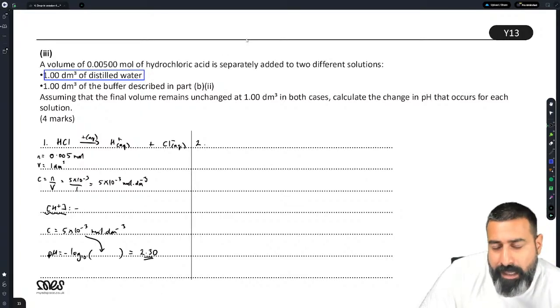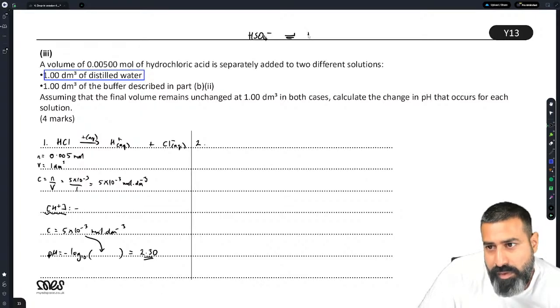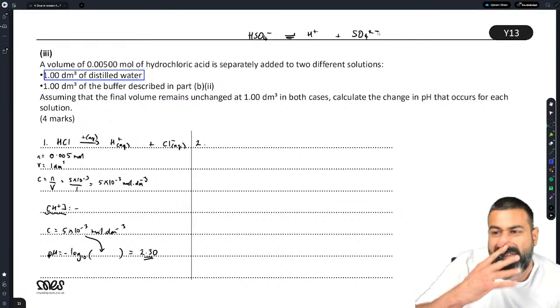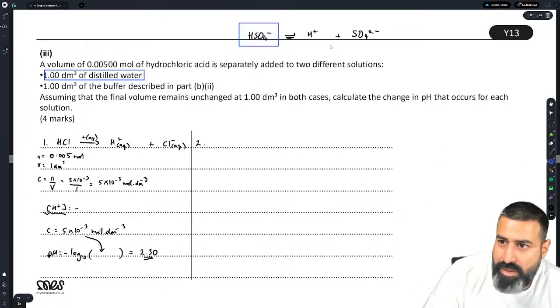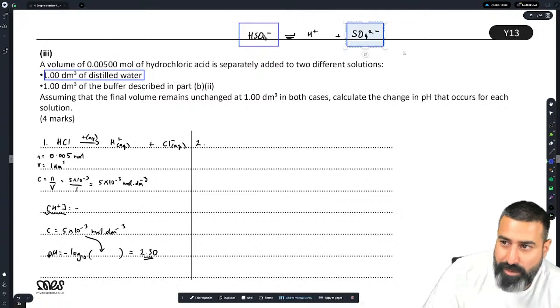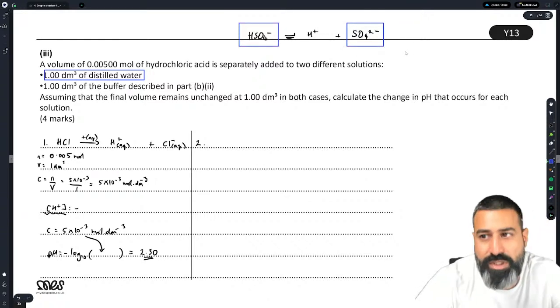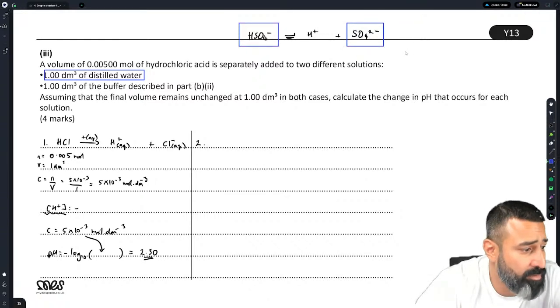So if I write out HSO4 minus goes to H plus plus SO4 2 minus. If I add H plus, remember in a buffer solution, I've got a large concentration of the weak acid and its conjugate base. If I add H plus, which direction is this going to shift in?